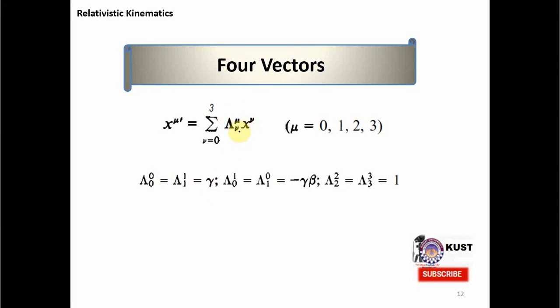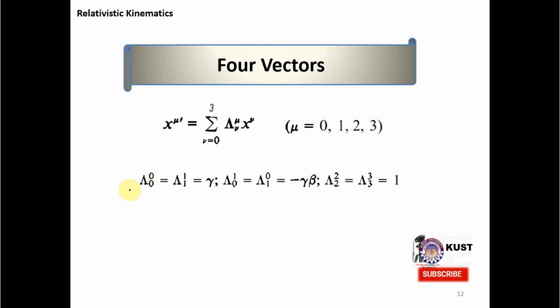And lambda 1 1 was also equal to gamma, because in time there was a gamma, and in x there was a gamma, but in y and z there was no gamma. Therefore lambda 2 2 and lambda 3 3 are not equal to gamma but equal to 1. And then the mixed components, that is 0 1 or 1 0, are minus gamma beta, and the rest of them are equal to 0.